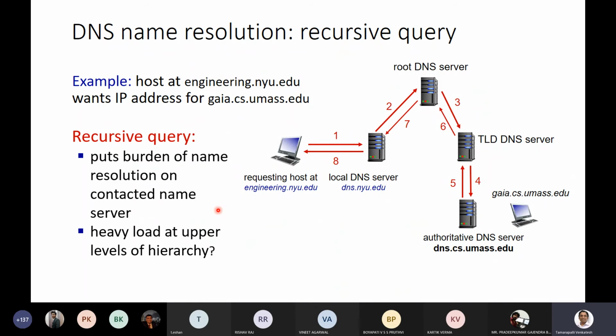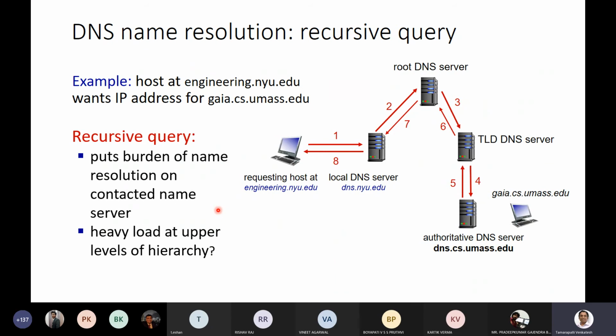Obviously, the recursive query is going to put the burden of name resolution on the first contacted name server, which is the root DNS server. It gives you heavy load at the upper levels of the hierarchy because everybody is going to contact the root DNS server, and the root DNS server has to get the complete IP address, and only then it has to pass it on to the local DNS server.